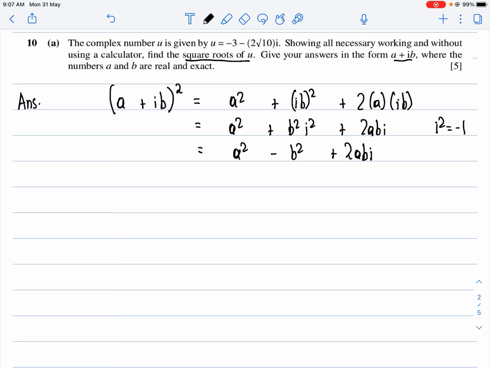Now what I simply do is I compare this with -3 minus 2 root 10 i. I equate the real part to the real part. So the real part here is a square minus b square and -3. So I equate a square minus b square to -3, and I equate the imaginary part, which is 2ab, to minus 2 root 10.